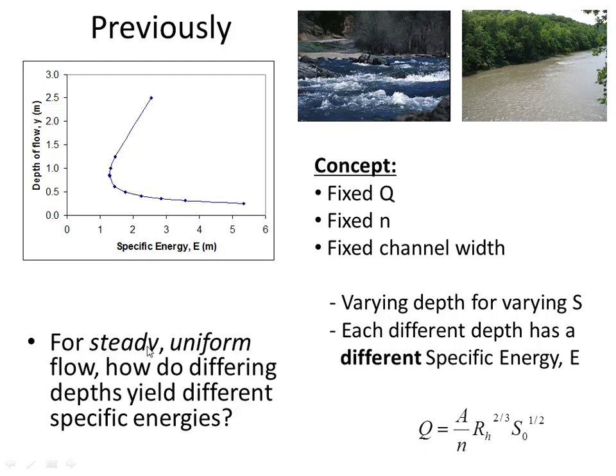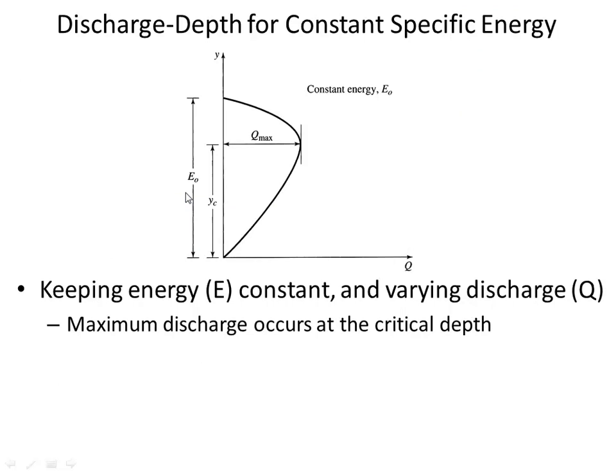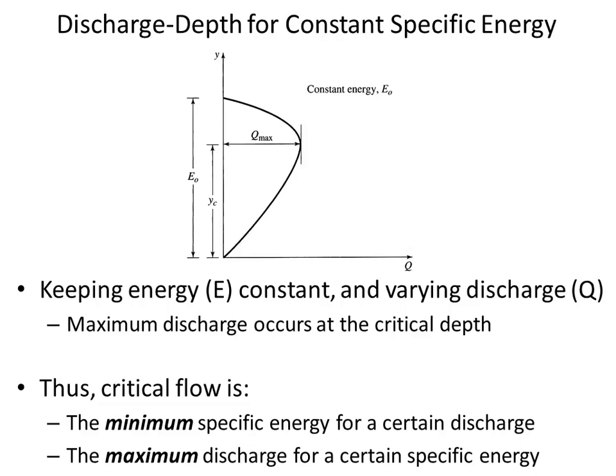You'll actually have to create specific energy diagrams to solve problems. I don't think that you'll ever create a constant specific energy diagram. It's more of just an illustration that makes the point of what the critical depth represents. The critical depth represents where the maximum flow rate can be achieved for the same amount of specific energy.